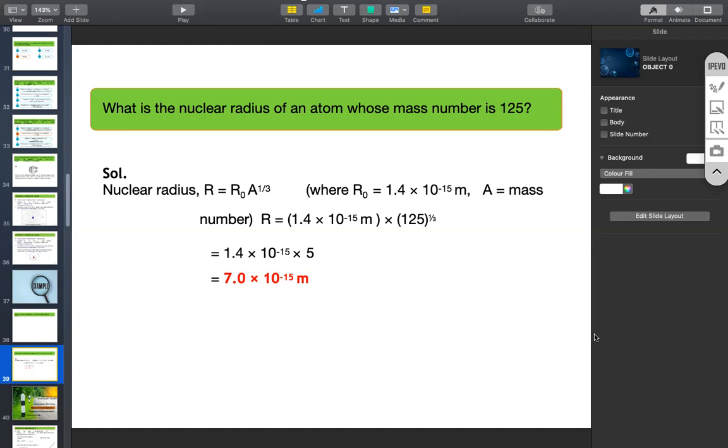Sir, isn't R naught equal to 1.2? I told you the most precise is 1.3 to 1.4. So they have taken 1.4 into 10 power minus 15 meter. We need to put in the value I showed, which is in centimeter.